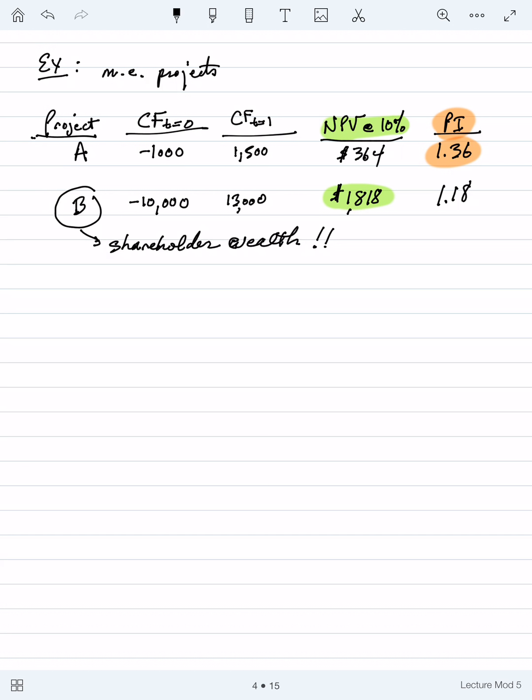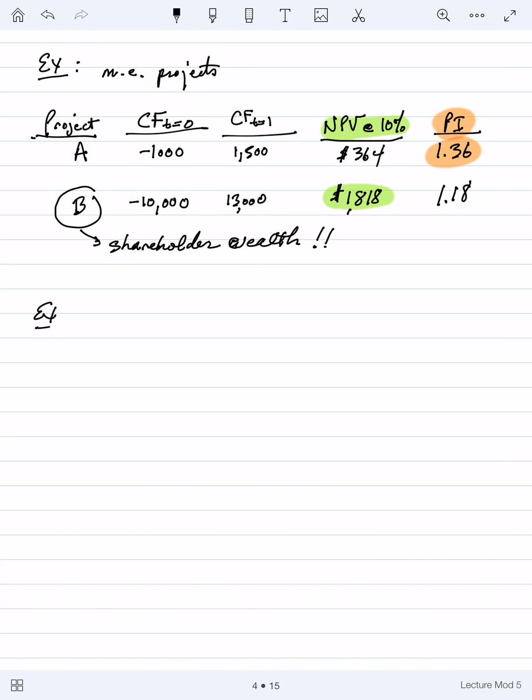And thus, the smaller project will tend to have more profit per dollar invested. And those large projects that actually wind up increasing shareholder wealth by much larger amounts, well, they'll tend to have much lower PI values.